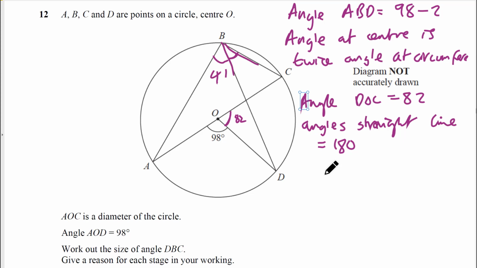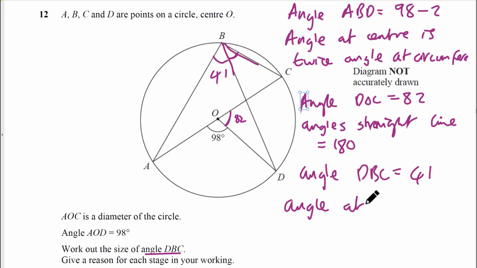And the final step is angle DBC equals 41, because this is the angle at the centre, and it is twice the angle at the circumference.